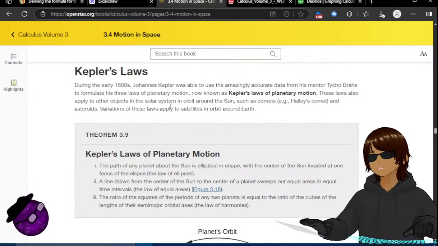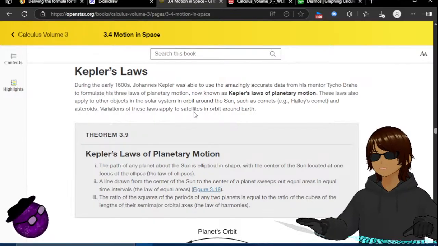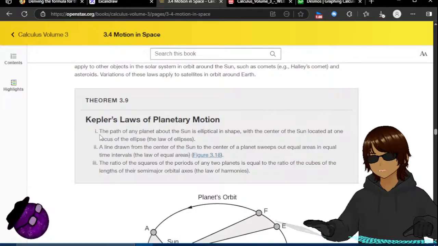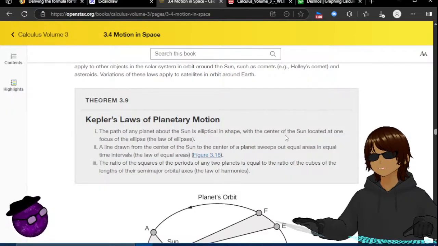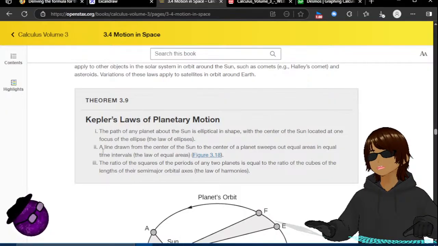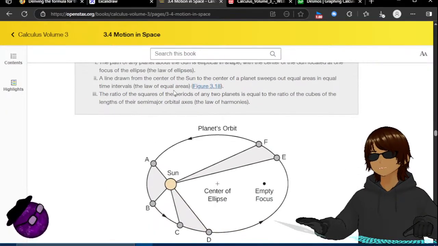Variations of these laws apply to satellites in orbit around Earth. So the three laws are: the path of any planet about the sun is elliptical in shape, with the center of the sun located at one focus of the ellipse. A line drawn from the center of the sun to the center of the planet sweeps out equal areas in equal time intervals.